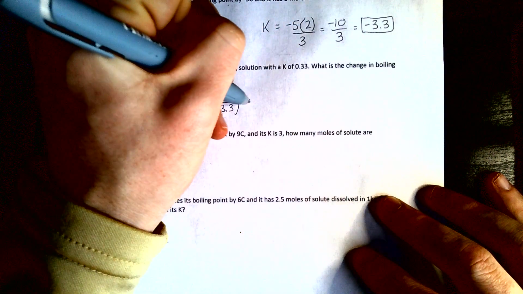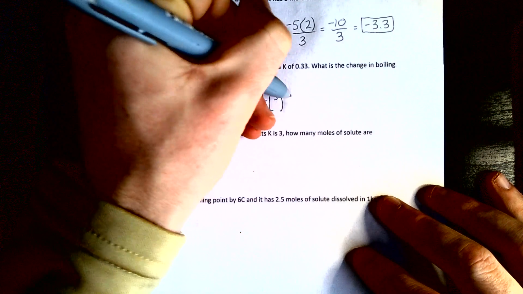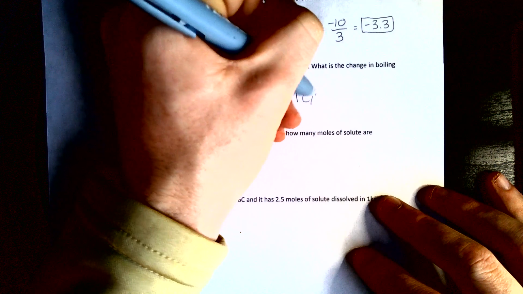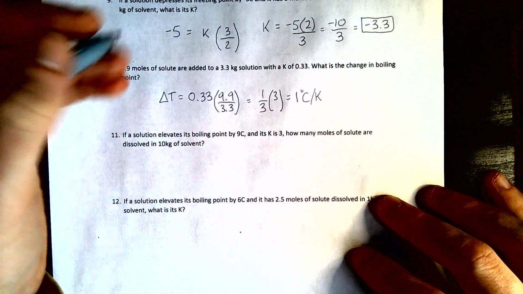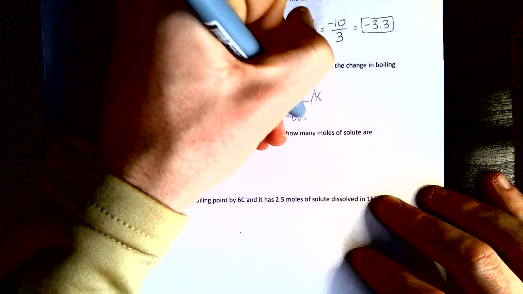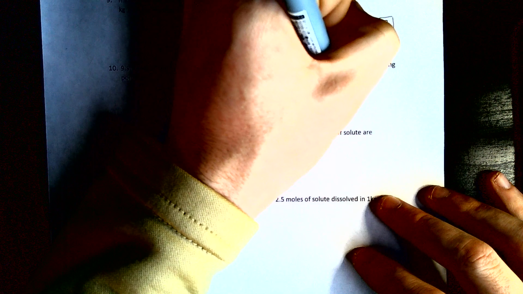Simplifying this, we get 1/3 times 3, which is 1 degree Celsius, Kelvin, whatever you'd like, but ultimately the boiling point increased by 1.